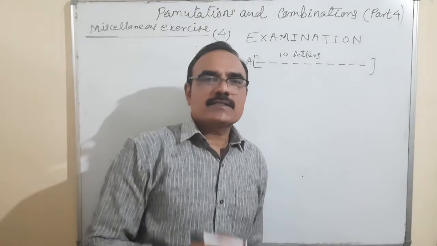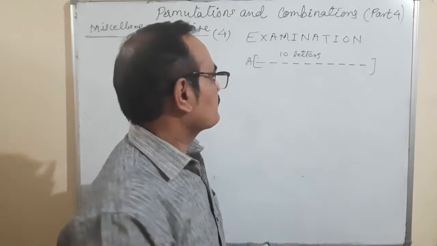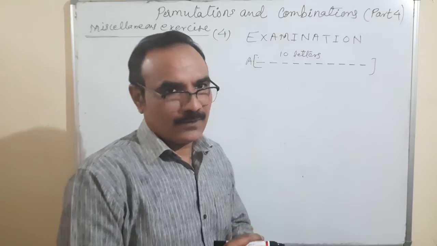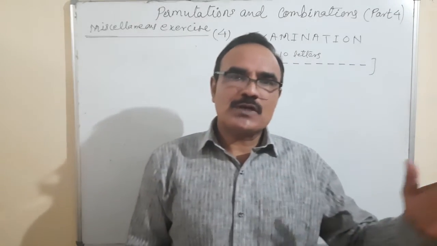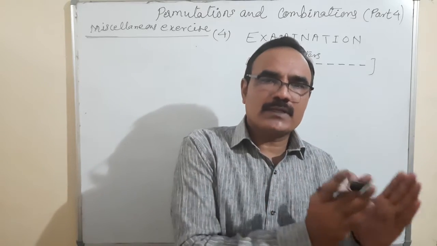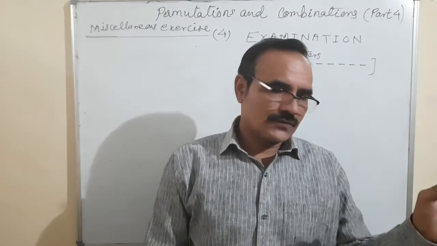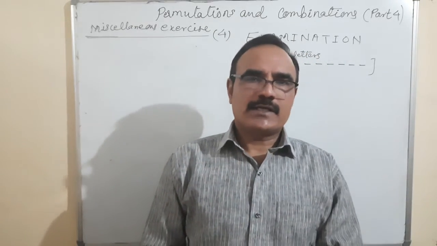So these 10 letters can be arranged in factorial 10 ways. Now let us see how many of them are repeated. Have you understood the meaning? As per the dictionary, we are going to arrange them, but before E, whatever letter is coming, the word starts from that. So before E, there's a single letter A. So first we'll write A here, and after that arrange according to the dictionary. So there are 10 places.